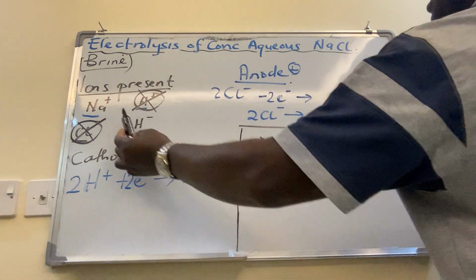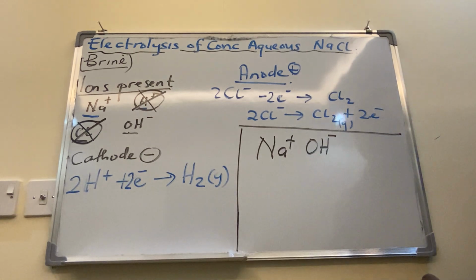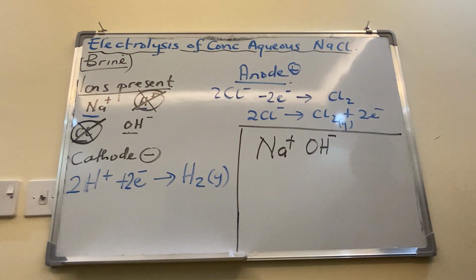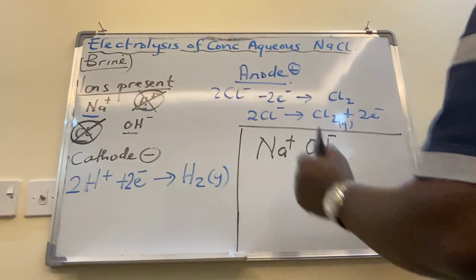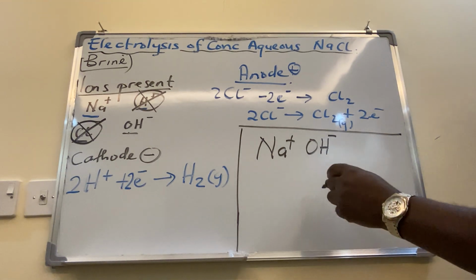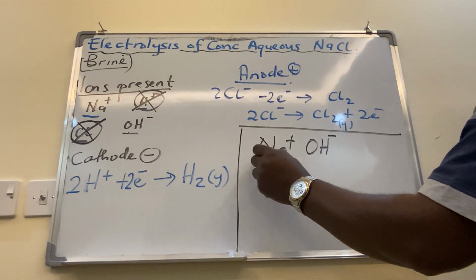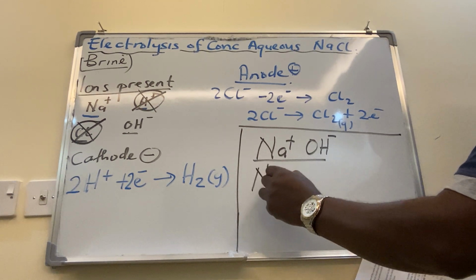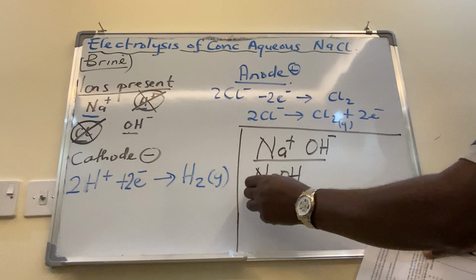What remains in solution is sodium and hydroxyl. So our electrolyte, which was concentrated aqueous sodium chloride brine at the start, by the end of the process is going to have a high pH, because instead of sodium chloride, it's actually going to have sodium hydroxide.